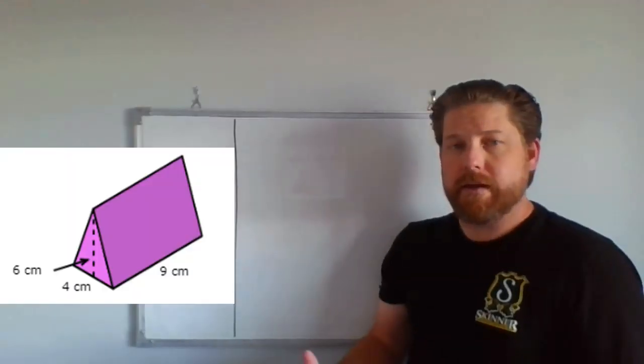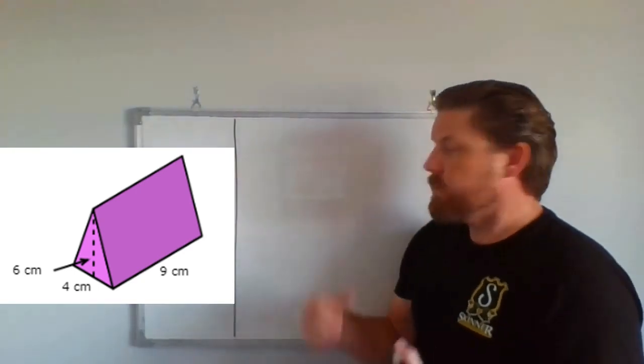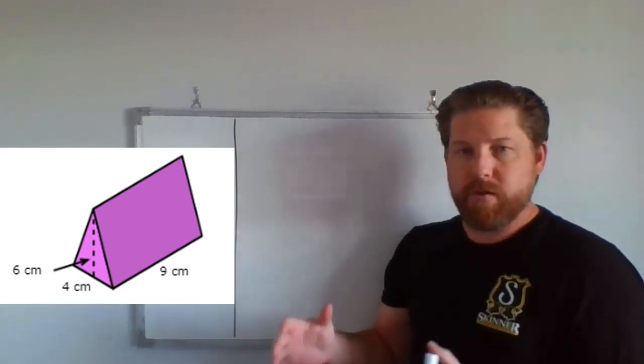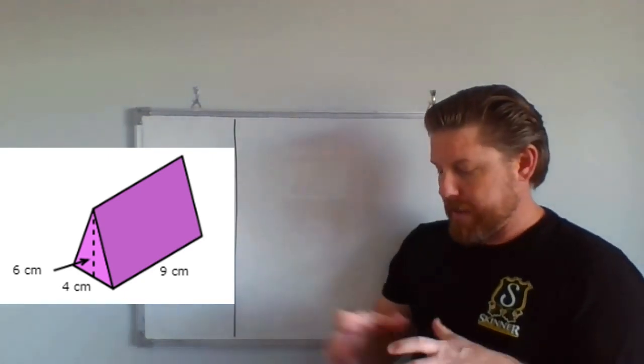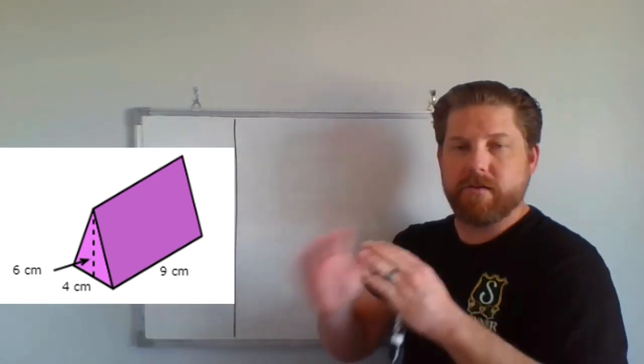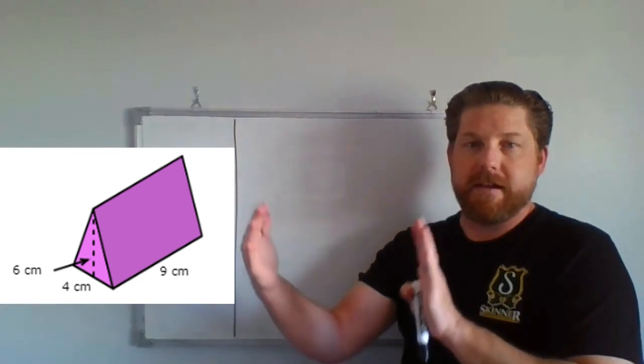Okay, this next one is called a triangular prism. Still in the prism category, except a triangular prism will have a rectangular base. We'll have a couple of rectangular sides, and then a couple of triangular sides fit into it.